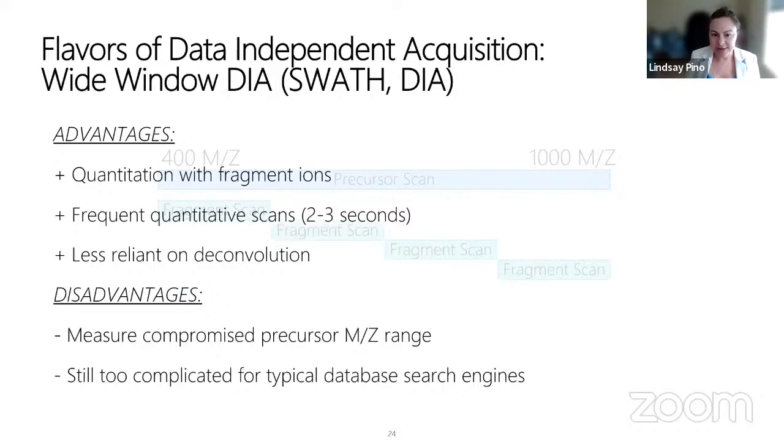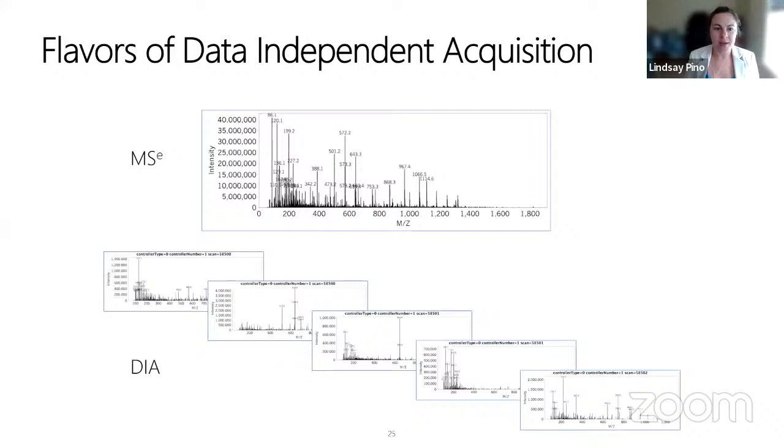So, advantages and disadvantages. Just to reiterate, there's that super, super wide MSE version of DIA, and that spectra just looks super, super complex, right? If you compare that to these DIA SWATH methods on the bottom, these MS2 spectra look a lot more typical of what we would expect to see in peptide mass spectra.